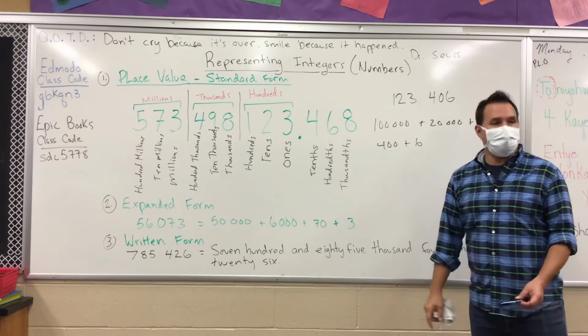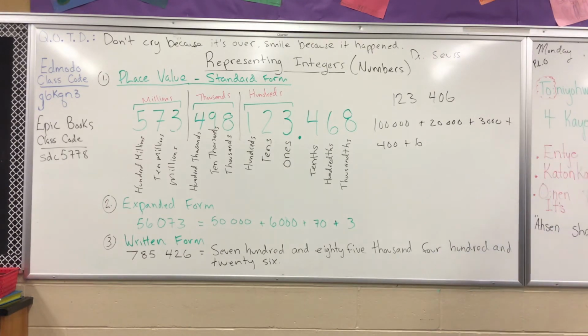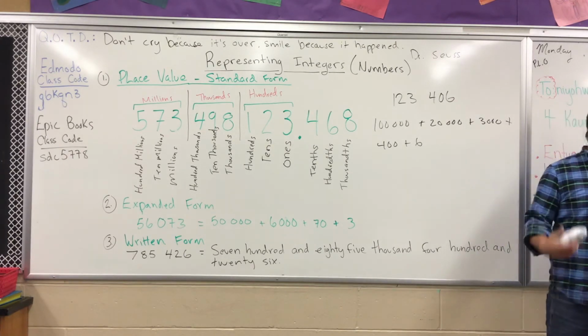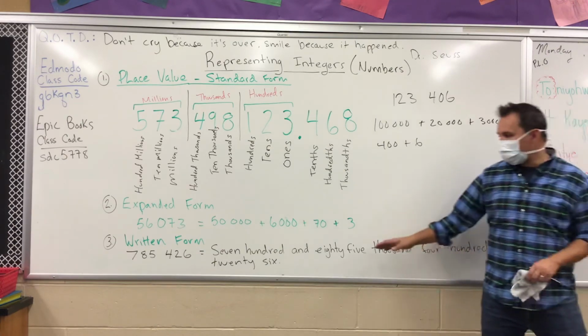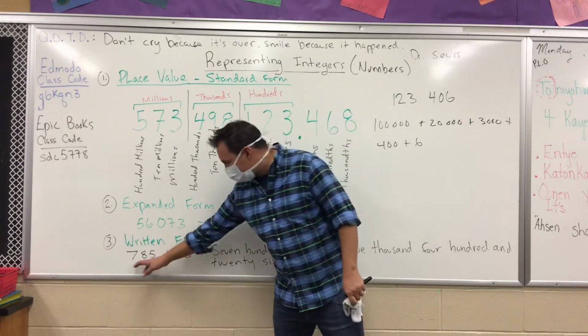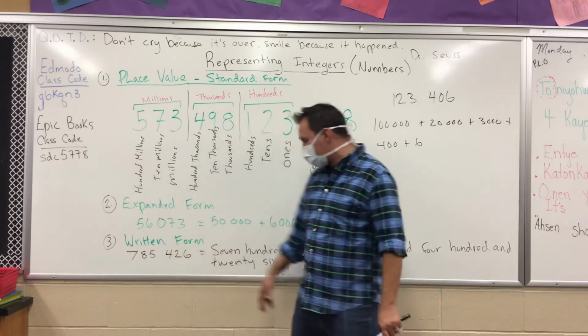The last one, in which we represent integers or numbers, is written form. Oftentimes, if you're reading a book or an article or something, most of the time they're going to put numbers in written form. So you look at something like this, 785,426.